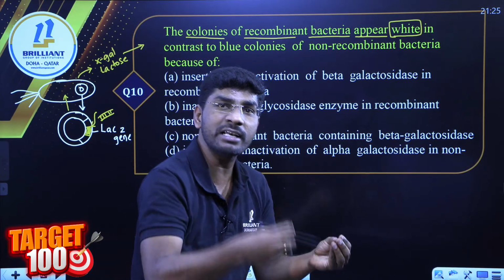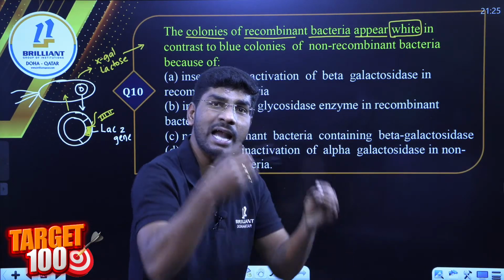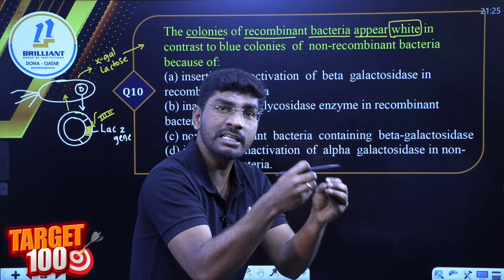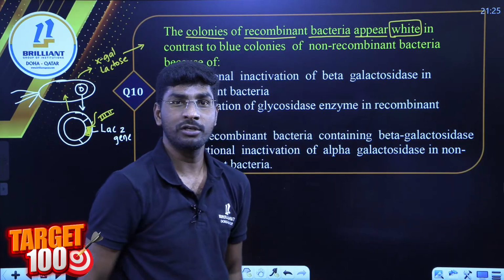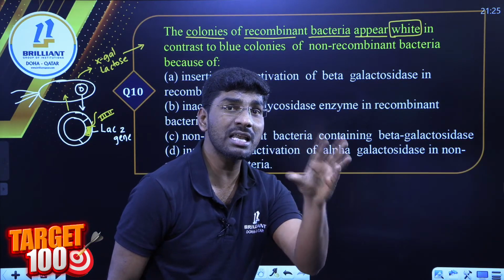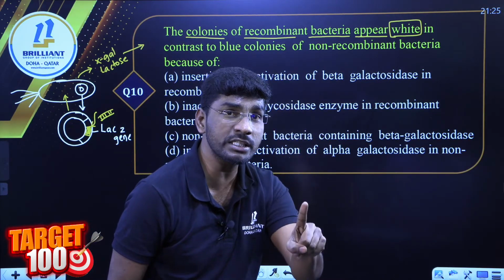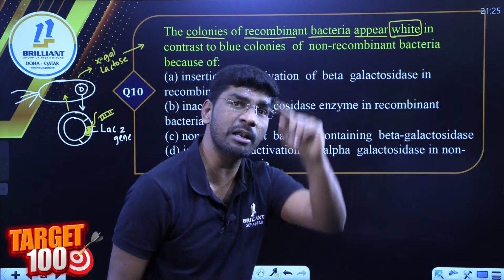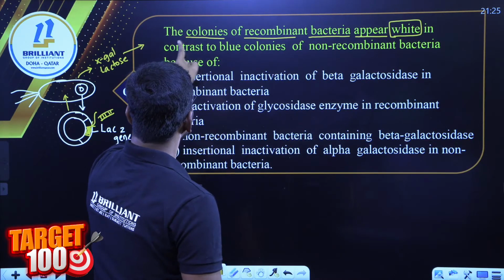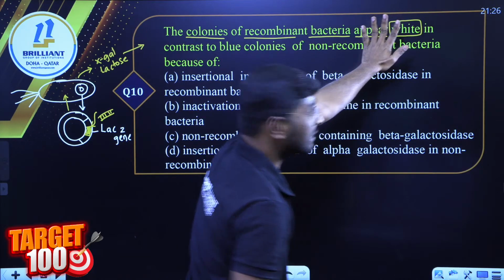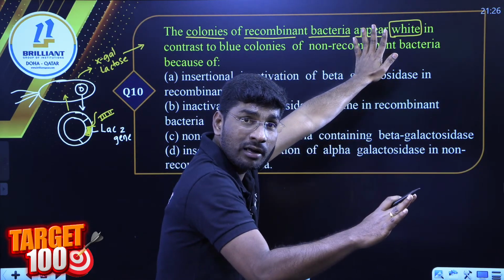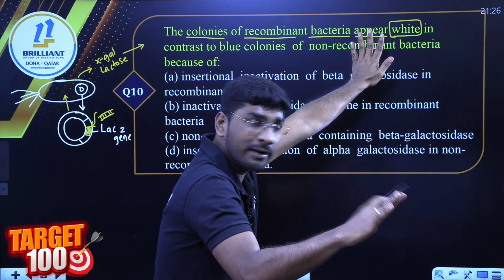It means our DNA has been inserted in the target place, that means in the lacZ gene. So the lacZ gene must have been inactivated. Based on this principle, let's find out the answer. The colonies of recombinant bacteria appear white. That means our gene has gone in. Our gene has been inserted.